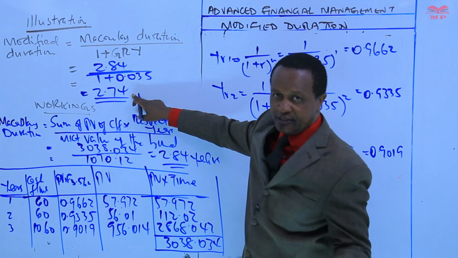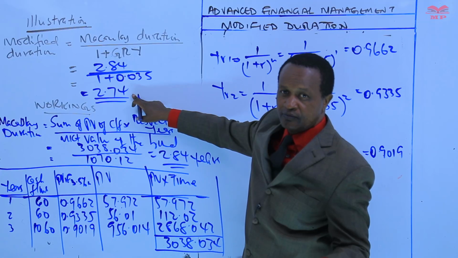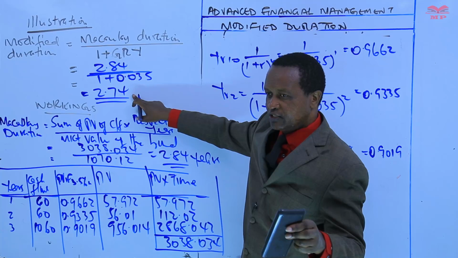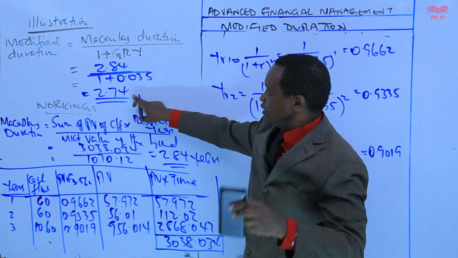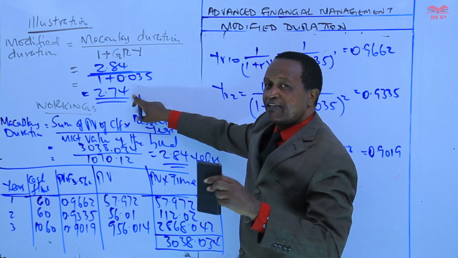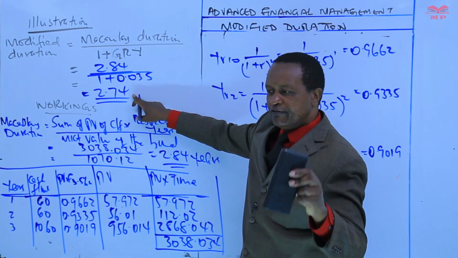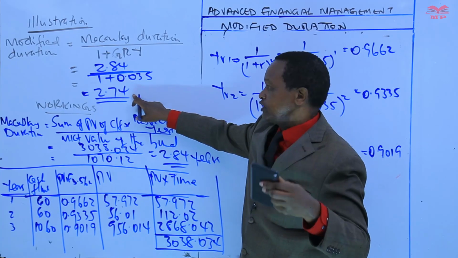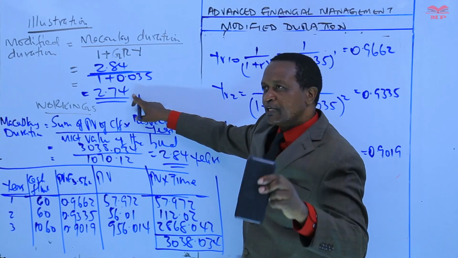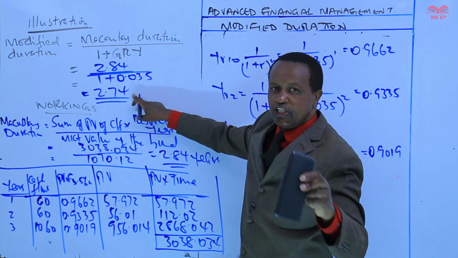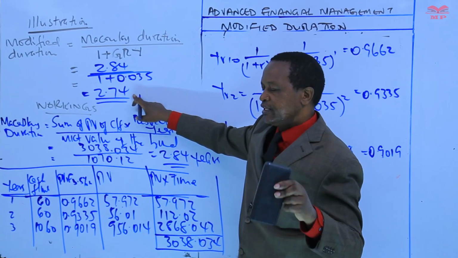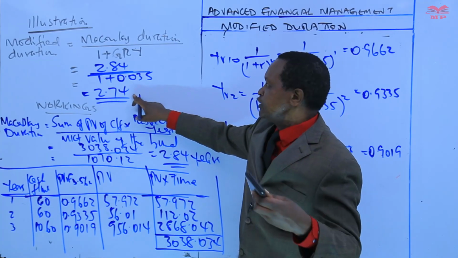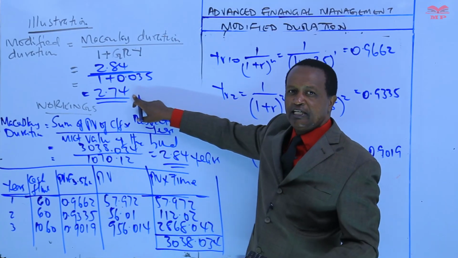What does that mean? A modified duration, candidates, and take this keenly, of 2.74 means that for every 1% change in interest rates, the bond's price is expected to change approximately by 2.7% in the opposite direction.